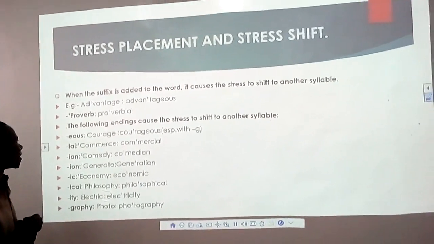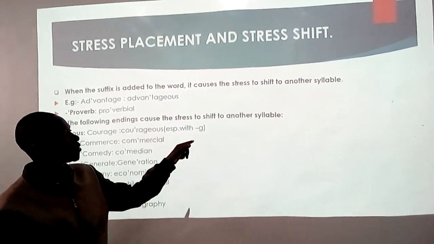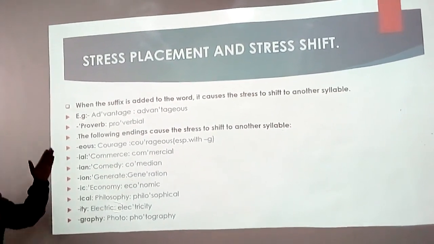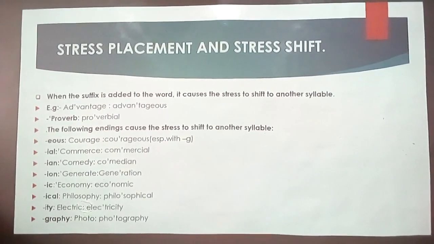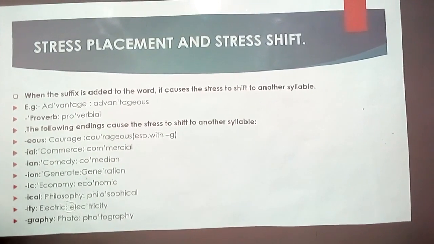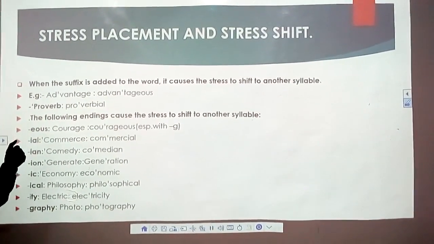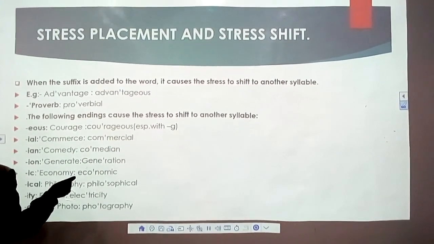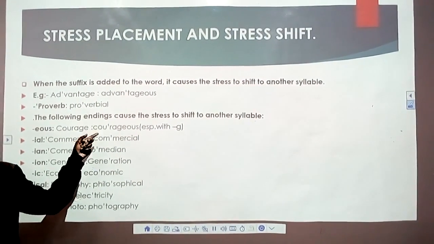Okay, let's continue. The following endings cause the stress to shift to another syllable. Now, I want you to take a look at these suffixes and think about these words. You see, courage. Now, when you add the suffix on courage, the stress shifts, and it is read like courageous.